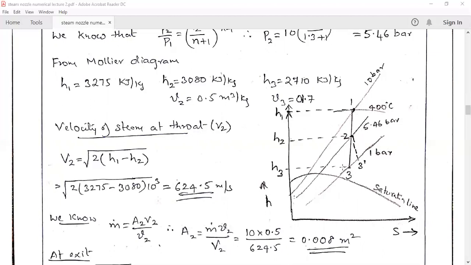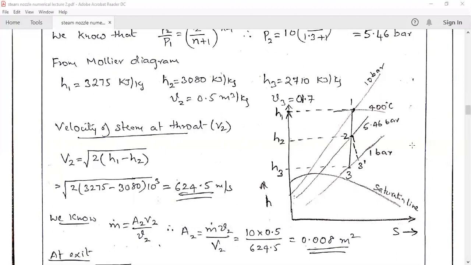Hence the exit enthalpy of the steam is higher than the theoretical isentropic condition, due to frictional heating of the steam.